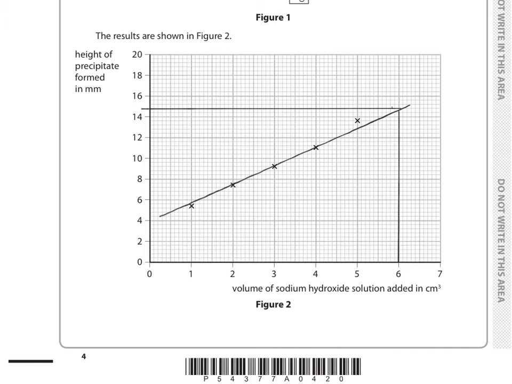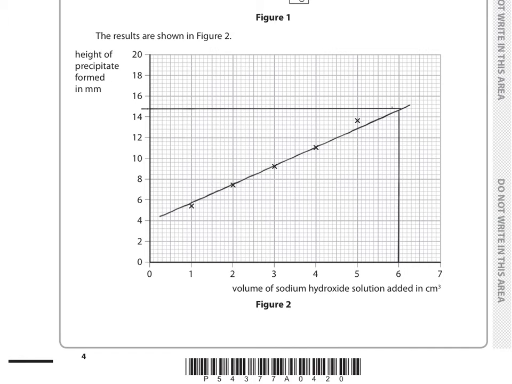Now, lots of people have problems with this y-axis. There are 1, 2, 3, 4, 5 squares and 2 numbers, which means that each little square is 0.4 millimeters.